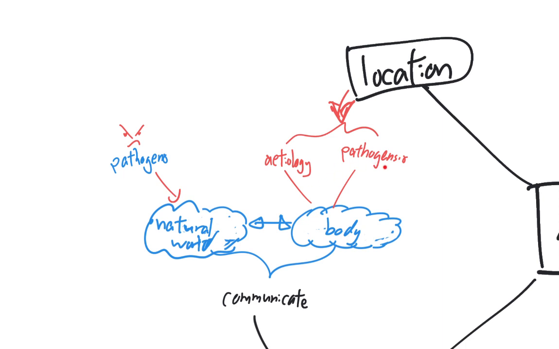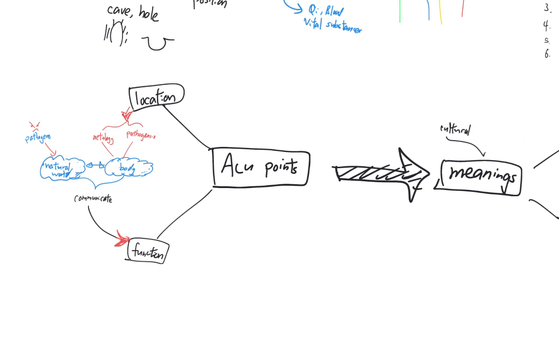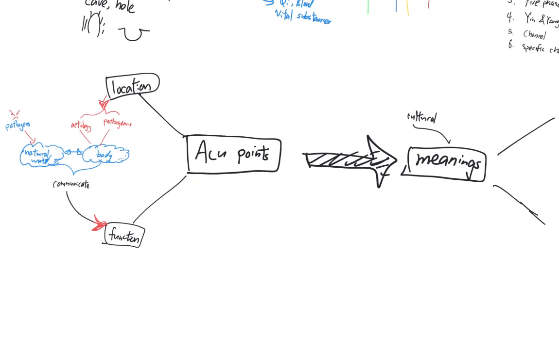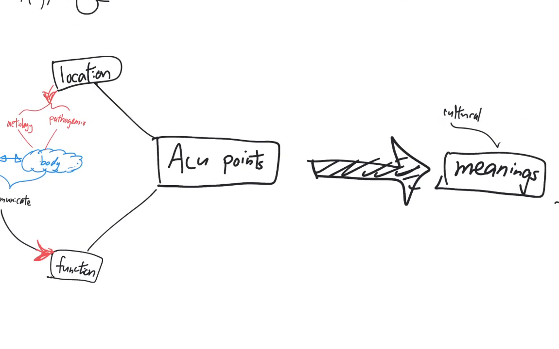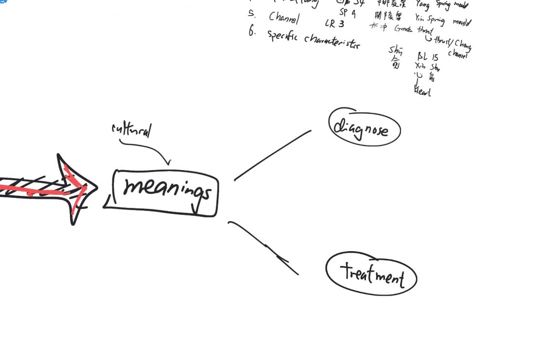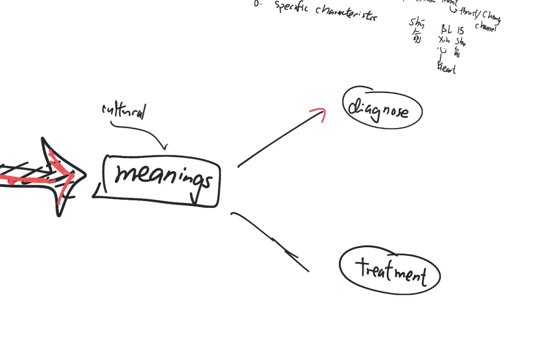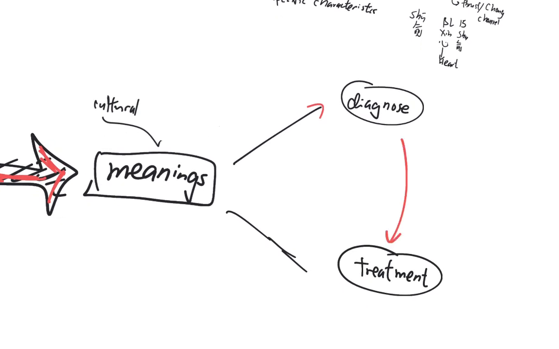These are the hidden meanings of the acupuncture points, and the location gives us a hint, a clue of what these are. Once we know what these are, we then know the function of the points, and once we know the function of the points, then we will know the meanings of it, so that we can then diagnose and then treat.